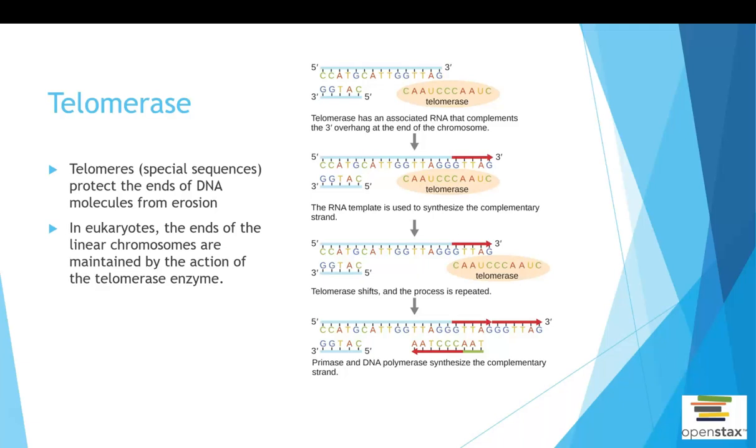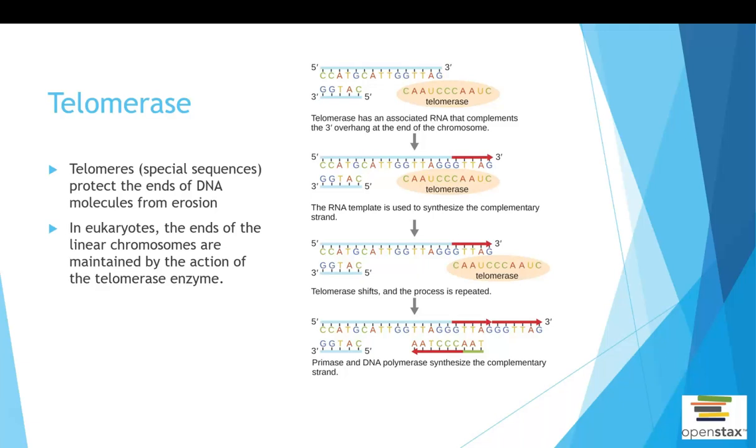Another part that you can see in the eukaryotic cells is the telomere. Telomeres are the ends of the DNA molecule, and because of the way that DNA replication works, sometimes it can cause the new strand to be a bit shorter than the original or parental strand of the DNA.